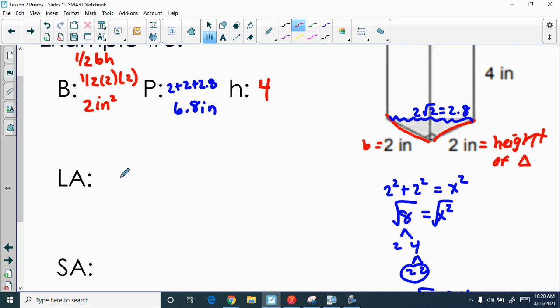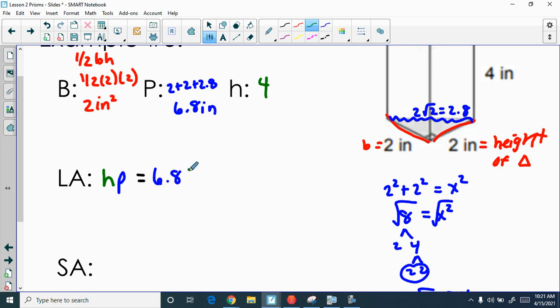So for my lateral area, it's going to be my height. Let me change the color there so I have a different color for the height. I'm going to have my height times my perimeter, which equals 6.8 times 4.